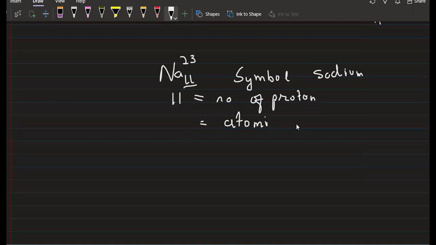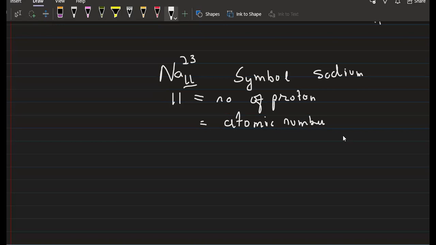Atomic number. Yes or no? Okay. So the atomic number of sodium is 11, which means sodium has 11 electrons and 11 protons. Okay. Got it?